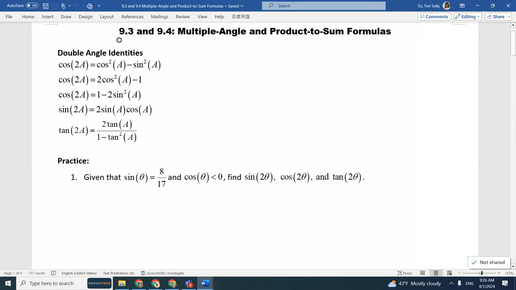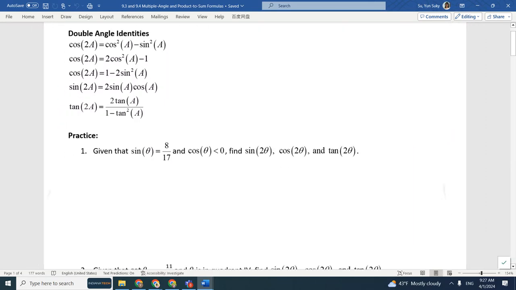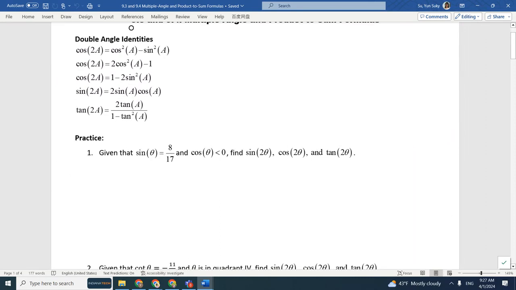So now, given sine theta is 8 over 17, and the cosine theta is negative, we want to find the sine, cosine, and tangent of 2 theta. I would say this is like two steps. Step one, this is like what we did before. You draw the xy plane.